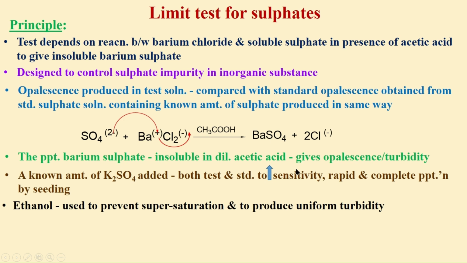Other substances like acetic acid or potassium sulfate or ethanol, what we add, intensifies the formation of barium sulfate. That is the purpose of adding other reagents. Now we can appreciate the addition of the reagents which act as an aid in the precipitation of the barium sulfate.